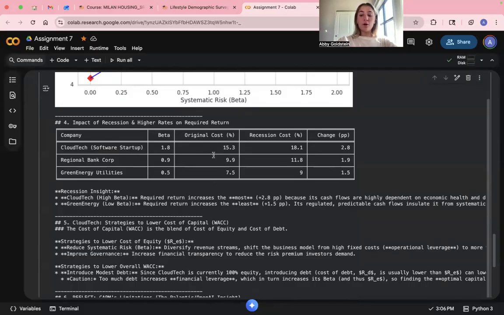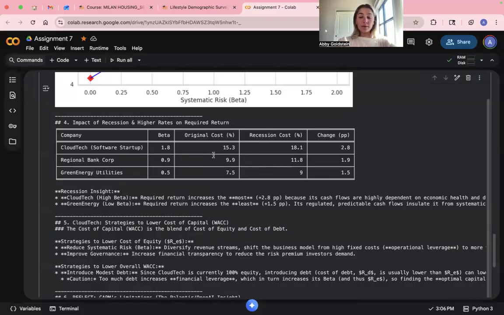This confirms that the most volatile companies are penalized the hardest when the market risk increases. Green Energy, which was most resilient, had only a 1.5 percentage point increase.